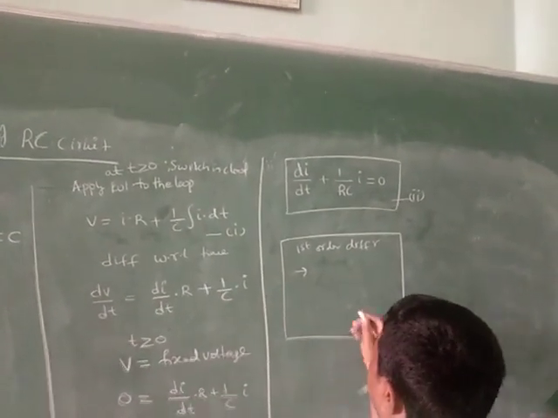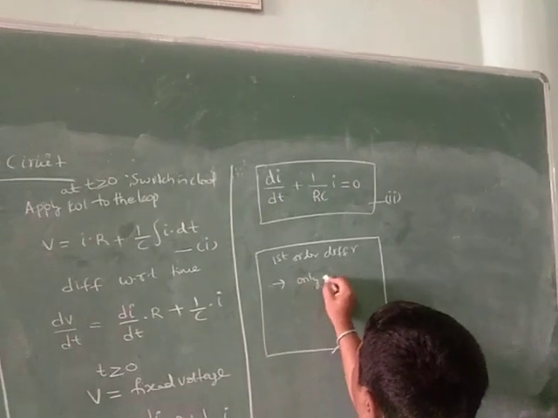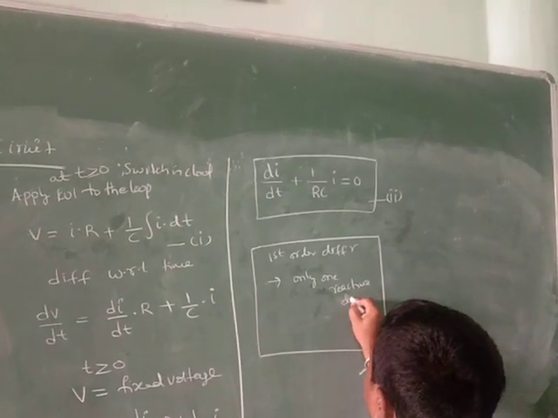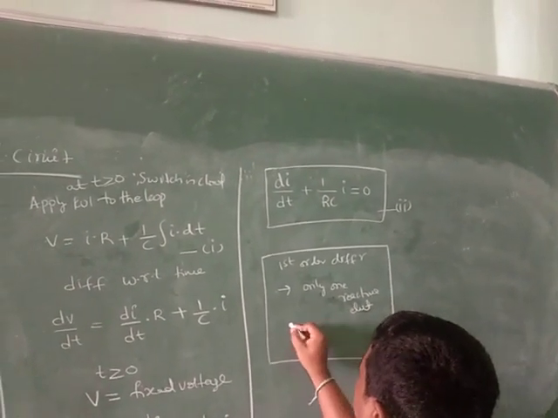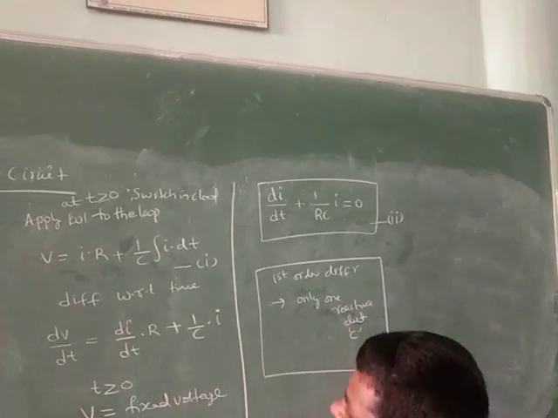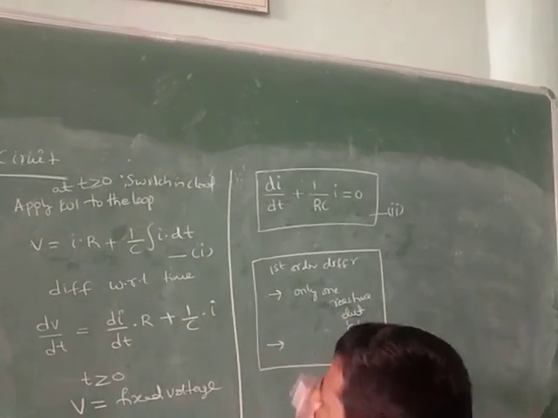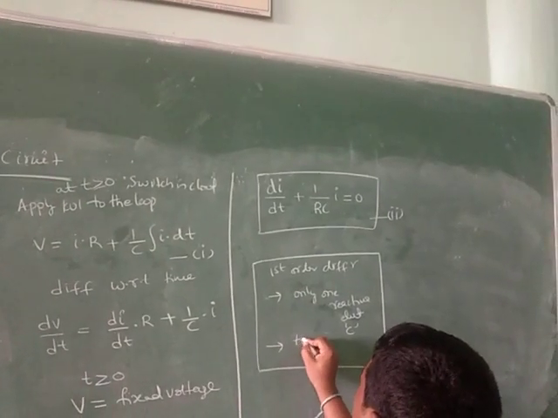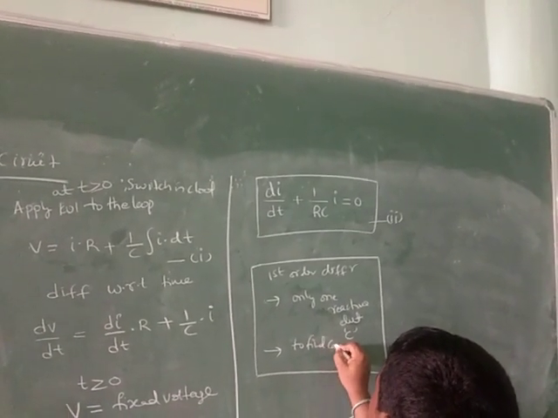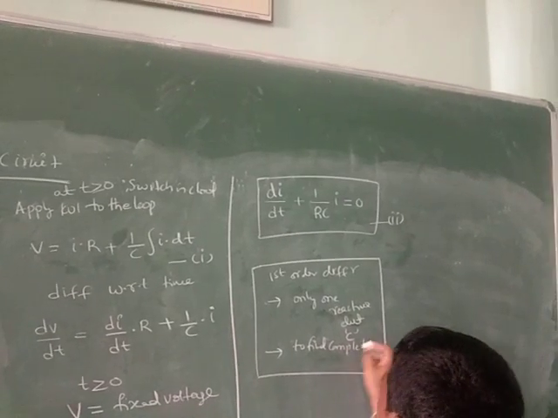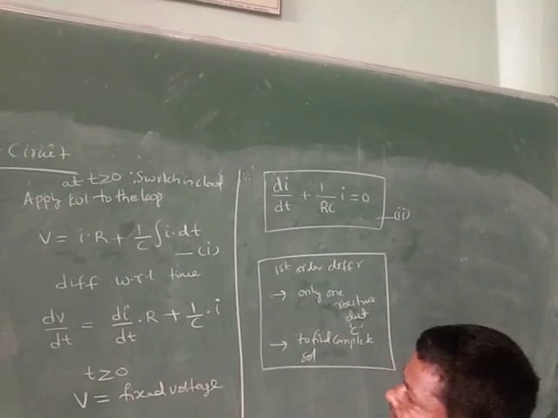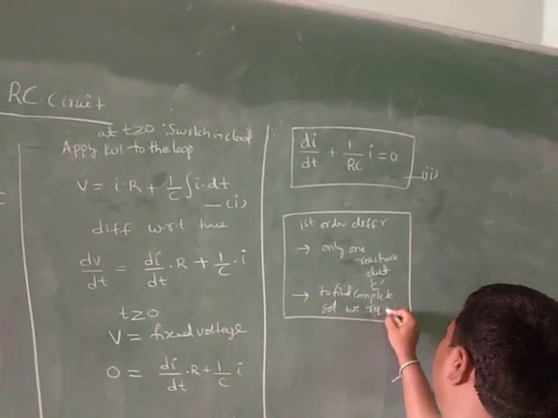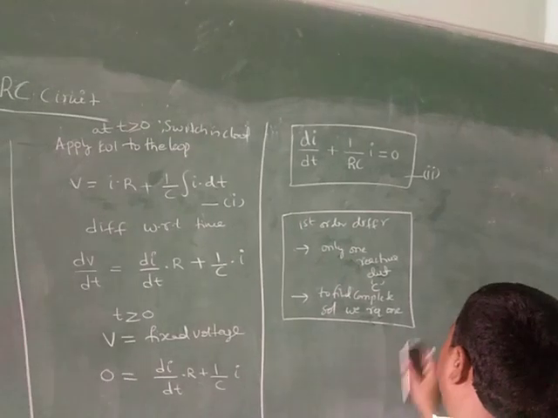Here the capacitor is the only reactive element in this circuit. To find the complete solution, we require one initial condition.